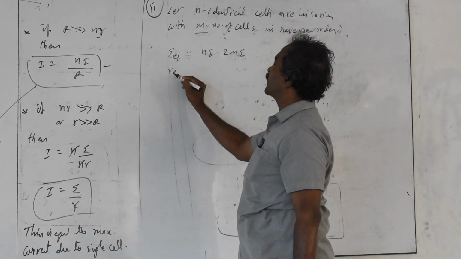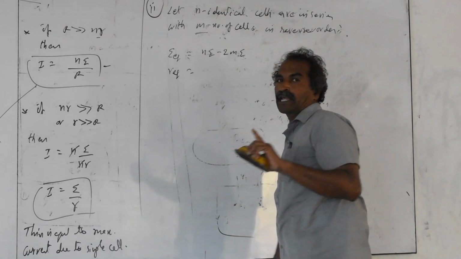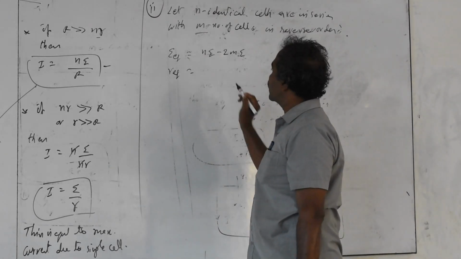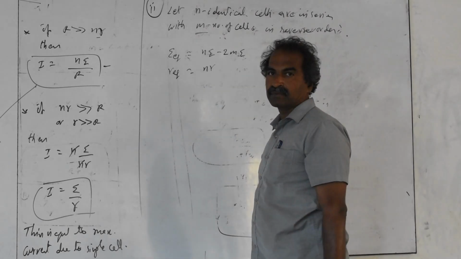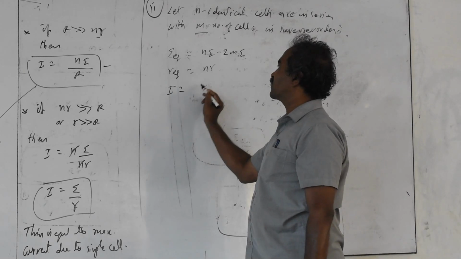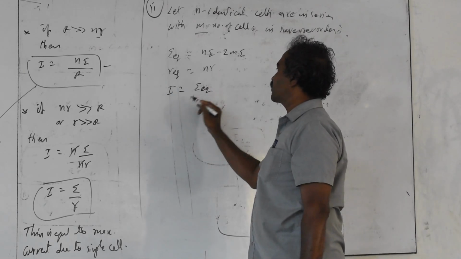But R equivalent is not reversed. Resistance should not take minus. Resistance should be taken on a plus only. Total is how much? N only you have to take. That means N into r only. So R is external resistance. Then I becomes equal to E equivalent by R plus R equivalent. This is a basic formula. Do not change.